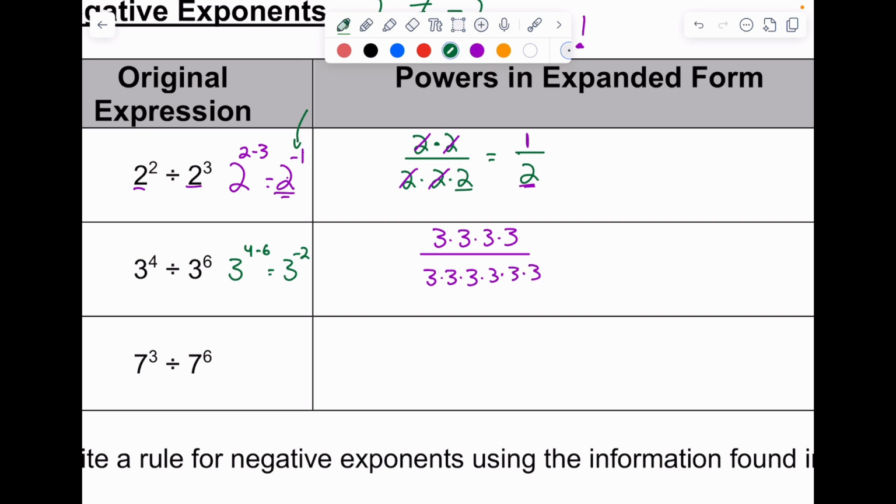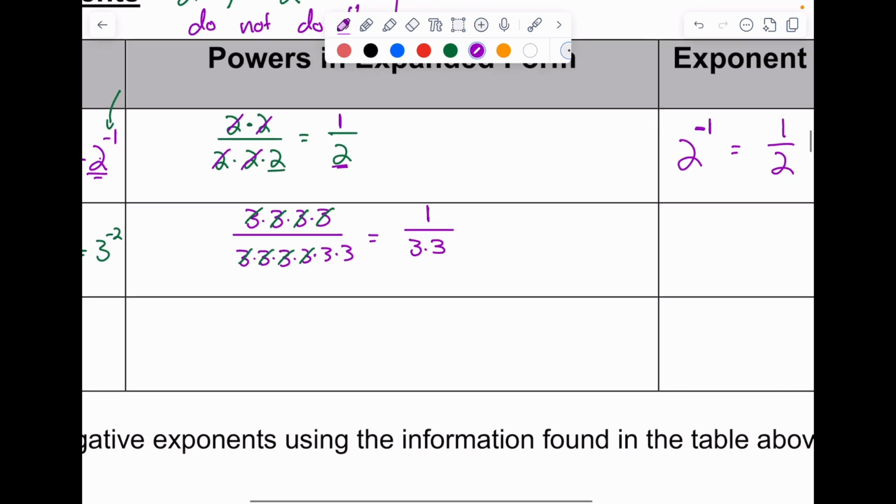Start simplifying. So this 3 and this 3, this 3, this 3, this 3, and this 3. All right, so what are we left off with? Well, we have 1 up top because it doesn't go to 0. And then we have 3 times 3 on the bottom. Or another way of saying this is you have 2 3's. So you have 1 over 3 squared.